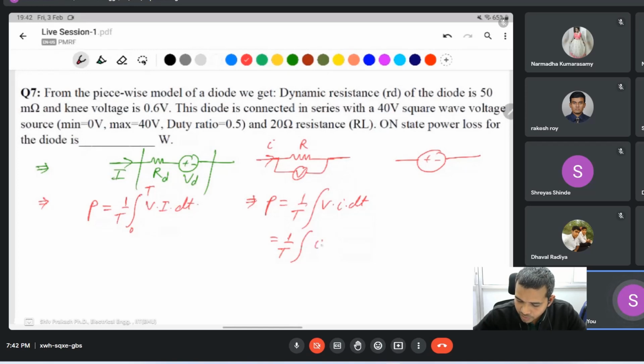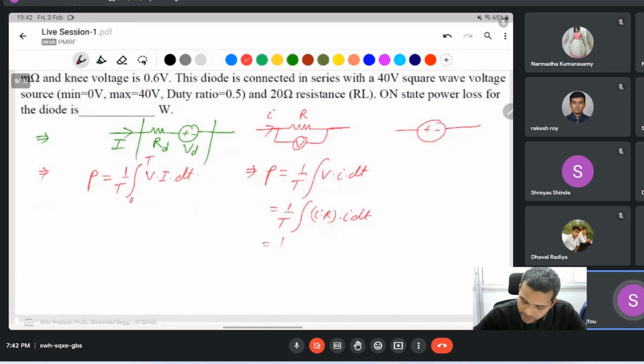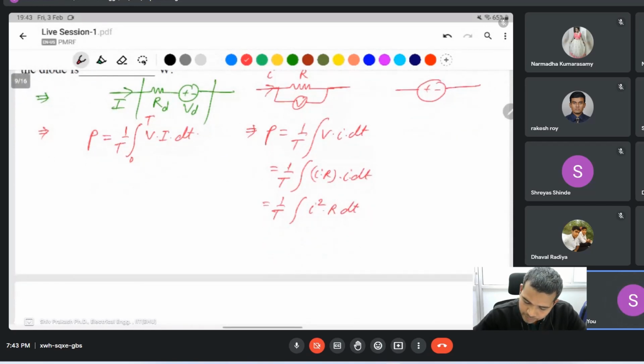Then I into R, the voltage, into I, the current. Then 1 by T integration of I square into R into dt.